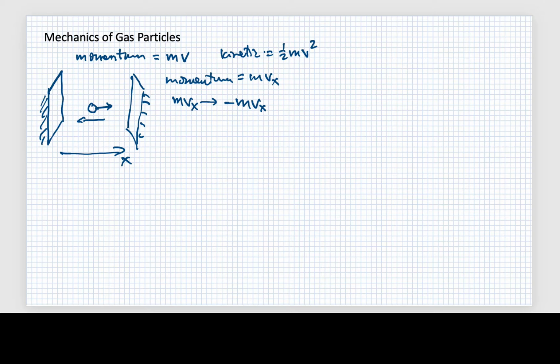All right, so what does this tell us about this system? Well, what we're ultimately going to be interested in is how much force that particle exerts on the wall when it hits it. In other words, the force is related to mass times acceleration. That's Newton's law. But what is acceleration? Acceleration is just the change in time of a velocity.